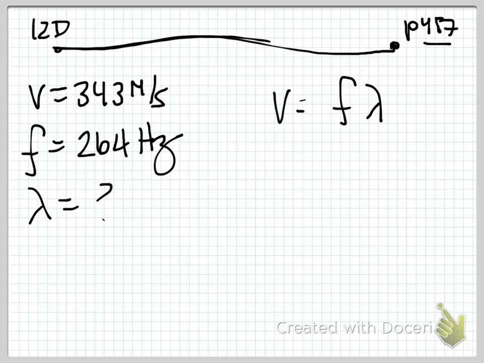As this string vibrates, the vibration is transferred into the air and travels at 343 meters per second, which is a pretty standard value for speed of sound in air. We won't get to do the whole sound chapter, but we'll get to do some of it. The frequency of the vibration is 264 hertz, and what the musically inclined among you will find fascinating is that all a note is, it's a given frequency.